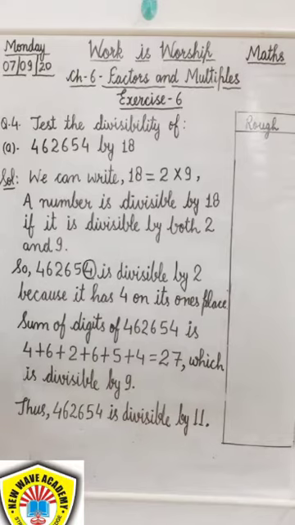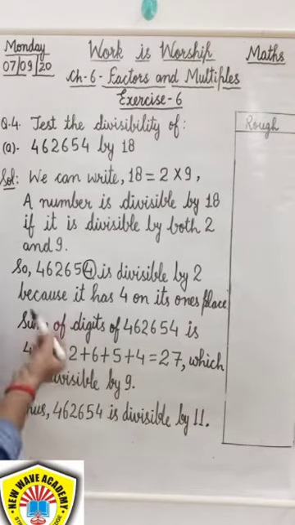And 27 is divisible by 9 because according to the rule a number is divisible by 9 if the sum of all the digits of the number is divisible by 9. कोई नंबर 9 से कब डिवाइड होता है, जब उस नंबर की सारी डिजिट्स का सम 9 से डिविजिबल होगा.